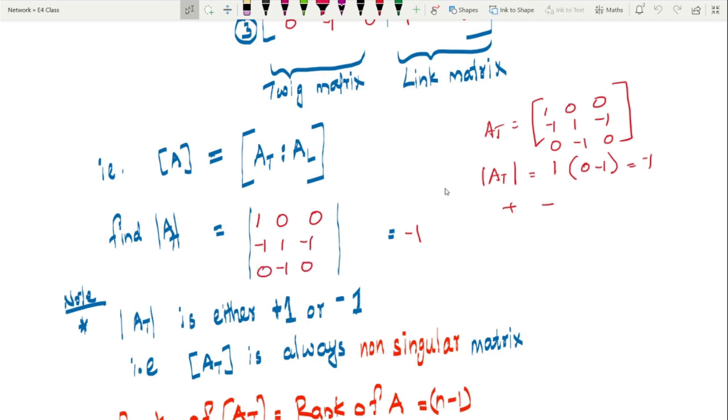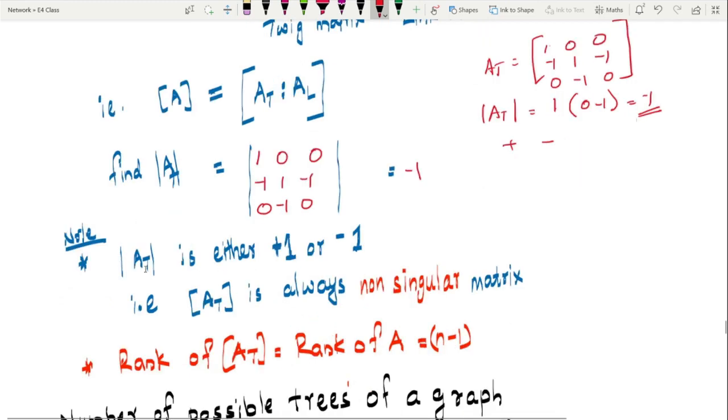When we are finding the determinant of this one, 1 into the determinant of this one, so 1 into 0 minus 1 will come and the remaining entries are 0, so the determinant is minus 1. So when we are taking the Twig matrix of any graph, in general we can say that the determinant of the Twig matrix is either plus 1 or minus 1. In this case it is obtained as minus 1.